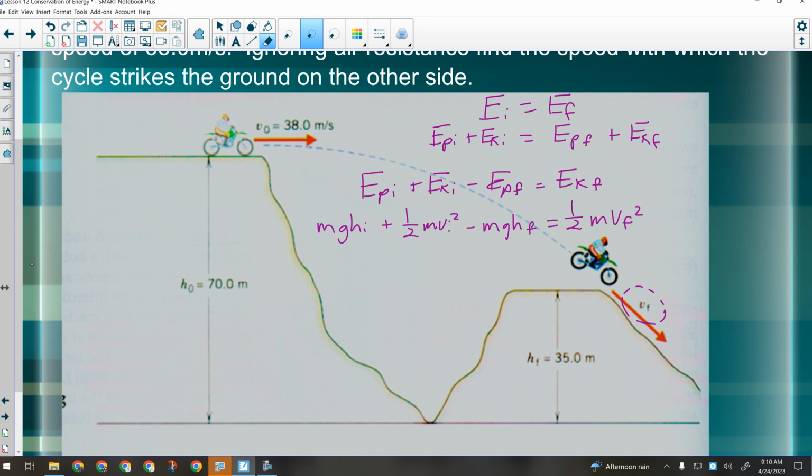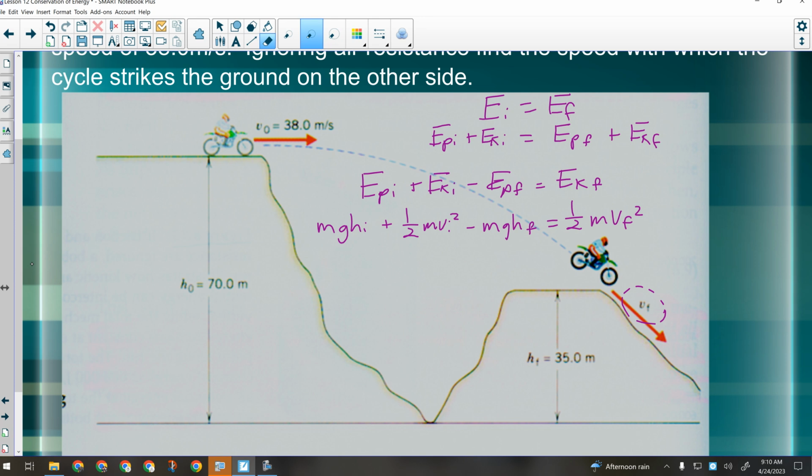Why can I cancel it off? Seems like it's important because mass is part of energy. The bigger something is, the more energy it has. It's the same throughout, and what's the only force causing the mechanical energy to convert from potential to kinetic? Does gravity affect all things equally regardless of their mass? That's why you can cancel the mass.